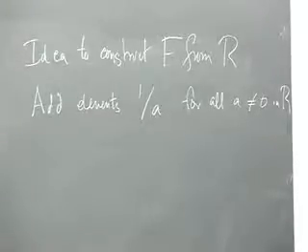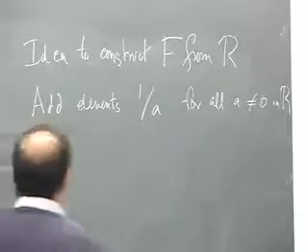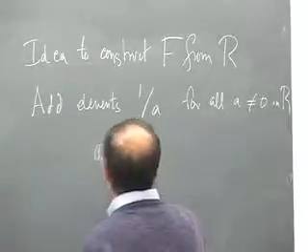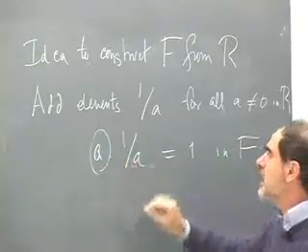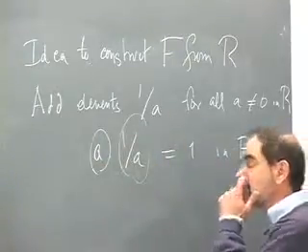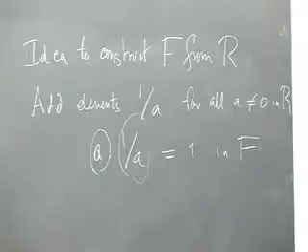We have to have a symbol, which is 1 over a, such that a times 1 over a is equal to 1 in F. So I have the initial elements a, then I have to put new elements in my field so that they're the inverses. Now you might say, wait a minute, those might have already been there. Right? I mean, you might have taken an element which was a unit in the ring, and there wasn't already a 1 over a there. So you might have added something extra. And I'd say, you're right, that's a problem.